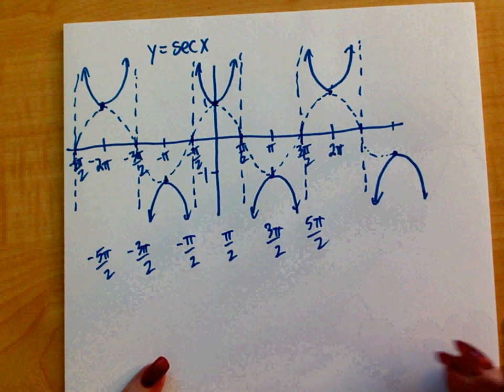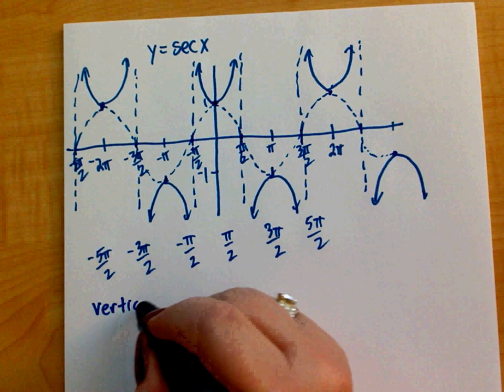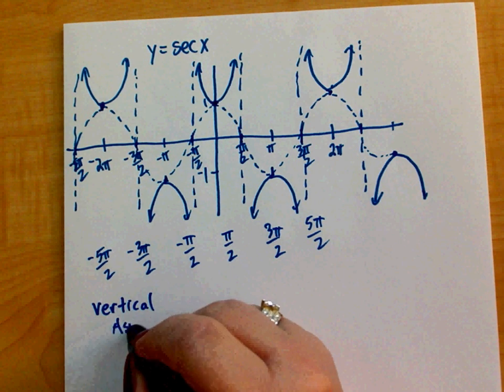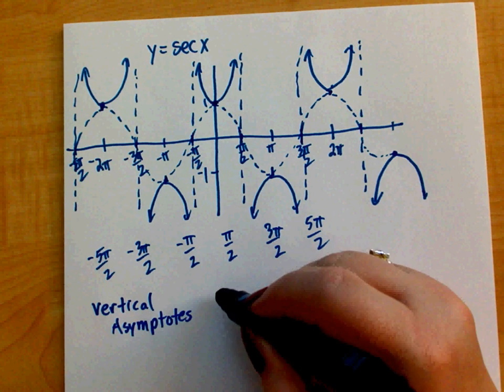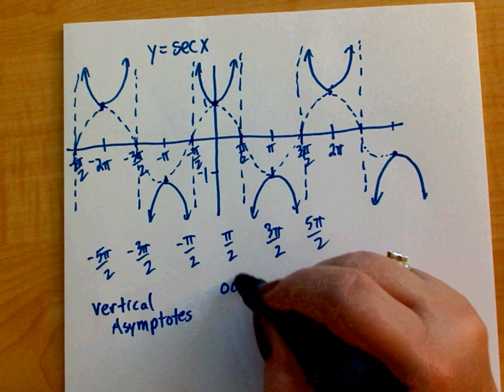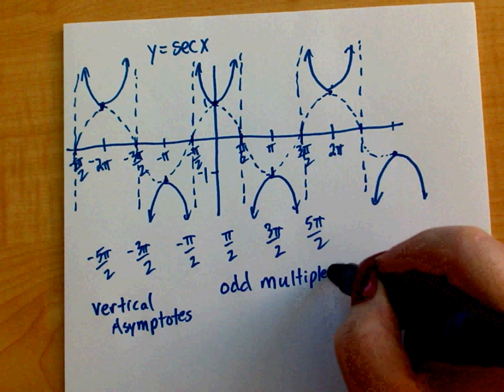If somebody asked you, where are the vertical asymptotes? We would say they occur at odd multiples of pi over 2.